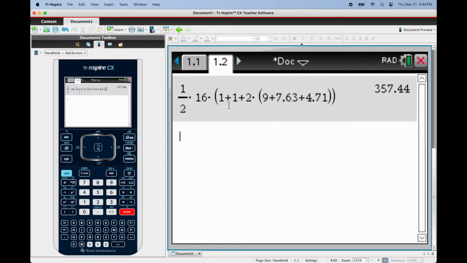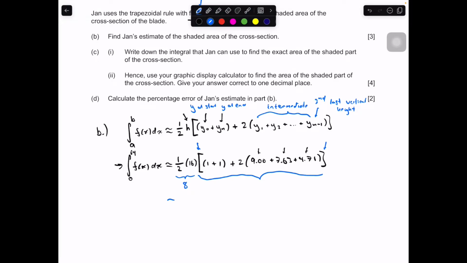Is that correct? 1 plus 1, that's good. Plus 2 times 9 plus 7.63 plus 4.71 multiplied by 8. This looks good.